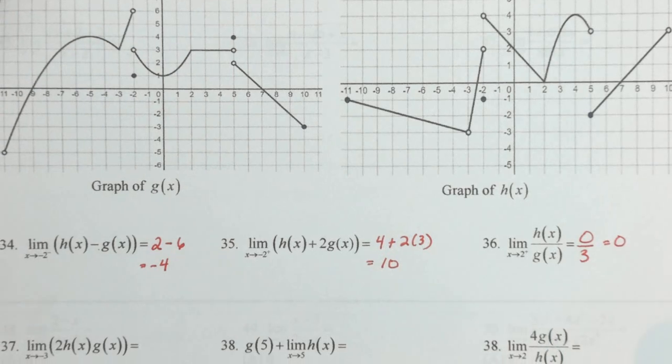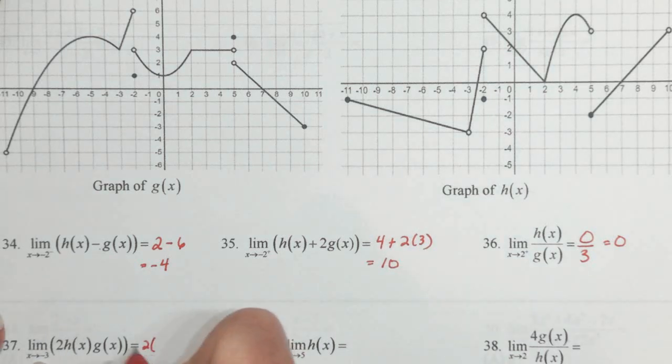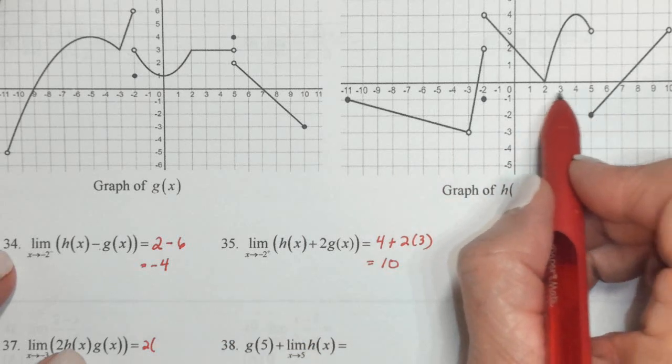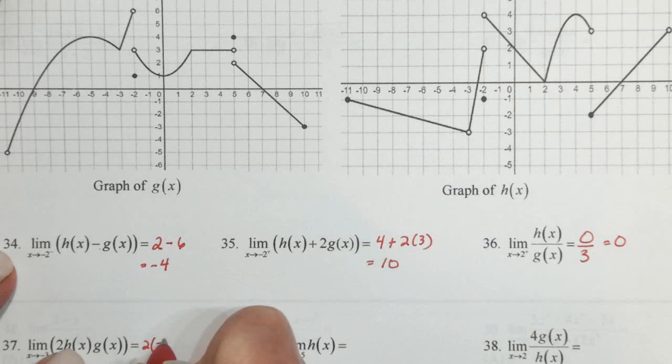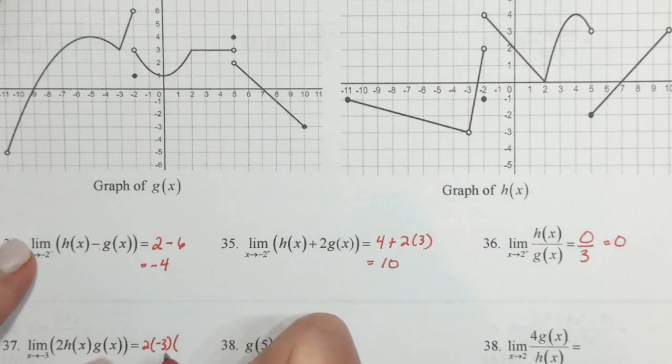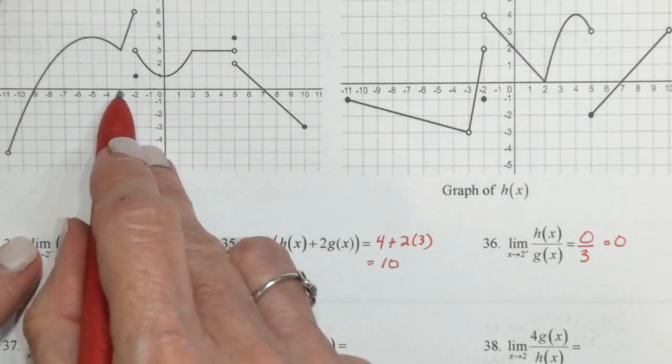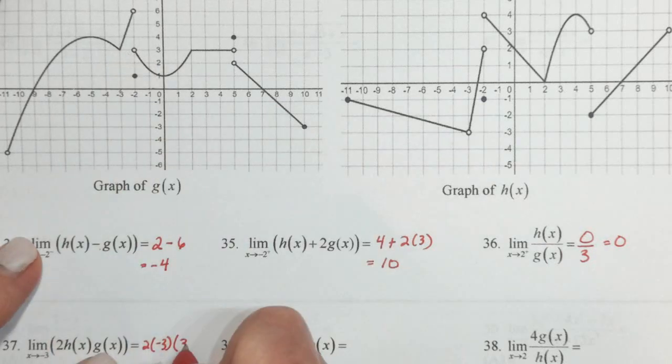Okay. For number 37, negative 3. So 2 times, as x approaches negative 3 of h, negative 3 for h will be a negative 3, times negative 3 on g. Negative 3 on g is a 3.